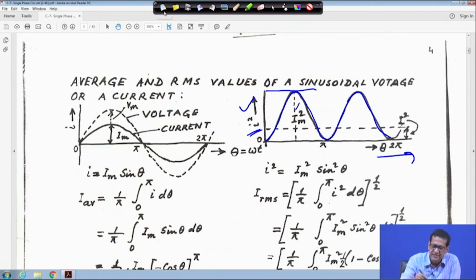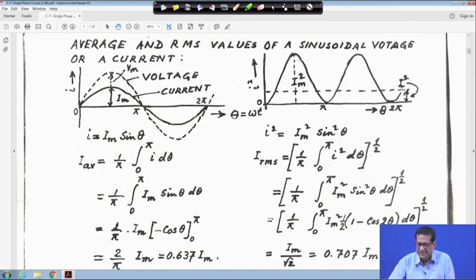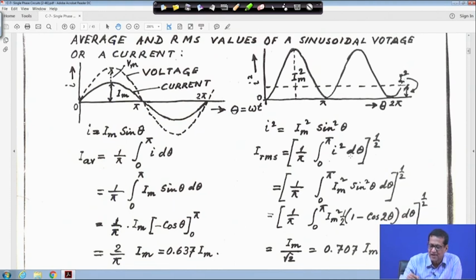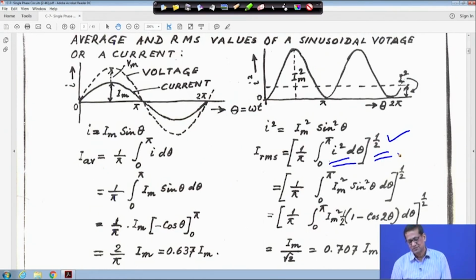So here I RMS is equal to, as we have seen, the square root, so we have to take 1 upon pi, 0 to pi, I square d theta, the whole thing to the power half.